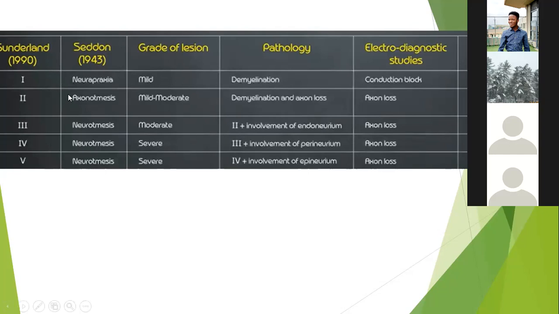The second one, when you have axonotmesis, causing both demyelination and cutting of the axon, then what will happen is beyond the point of injury, you are going to have an axon loss or degeneration. You remember the talk I mentioned about Wallerian degeneration.